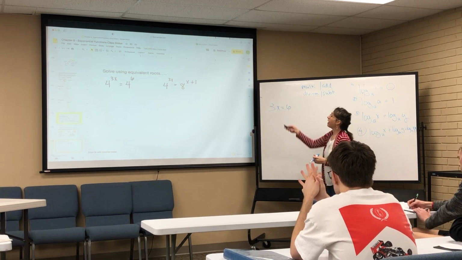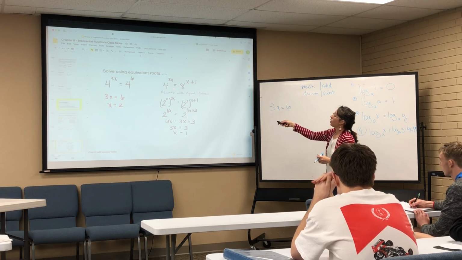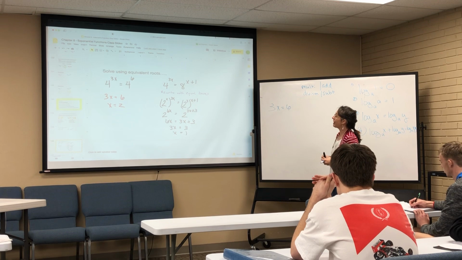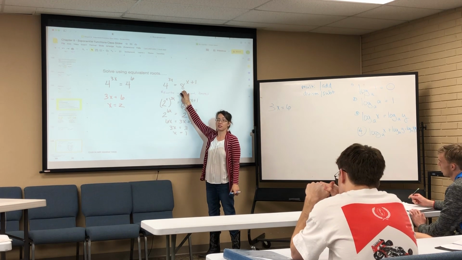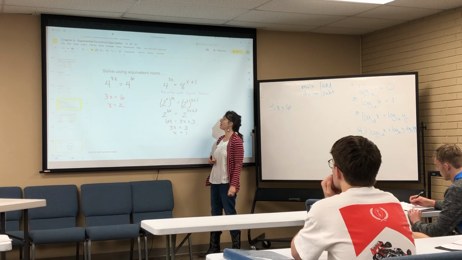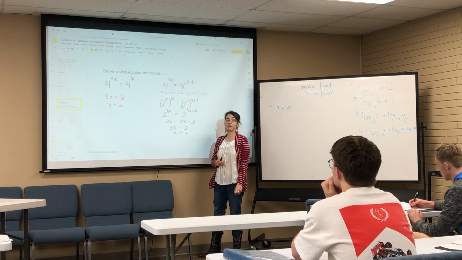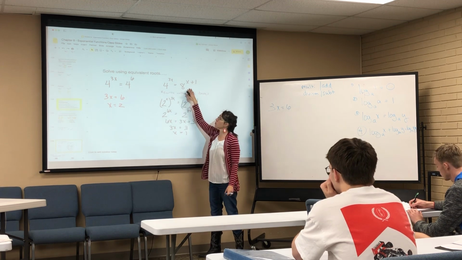Now for the second one, I have 4 raised to the 3x equals 8 to the x plus 1. Initially, these don't have like bases. Can I rewrite 8 so it can be a like base? Can I find something between those that are like? Yeah. I actually am going to rewrite both sides.